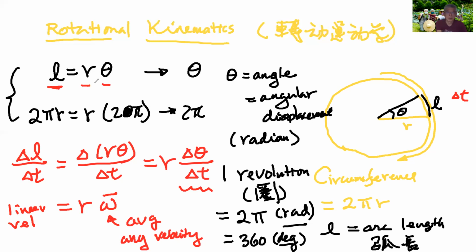Let me erase some of this material and summarize. We have L, the arc length, equal to R times theta. Similarly, you have linear velocity equal to R times omega.